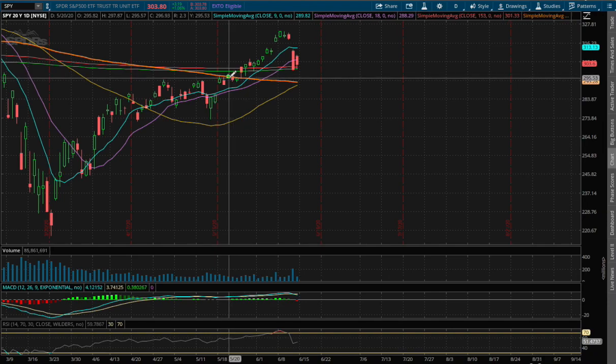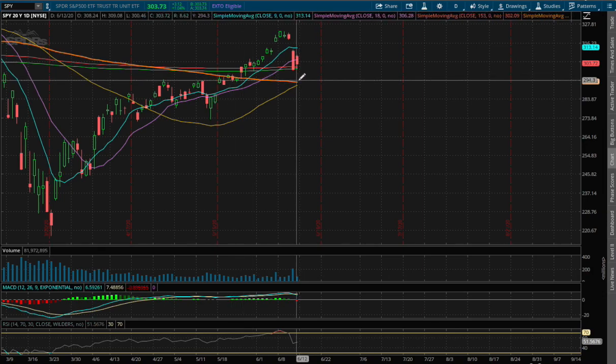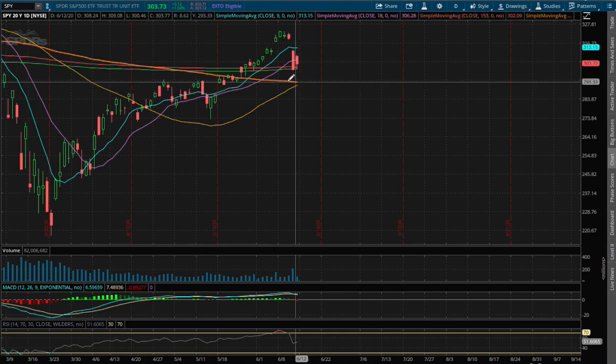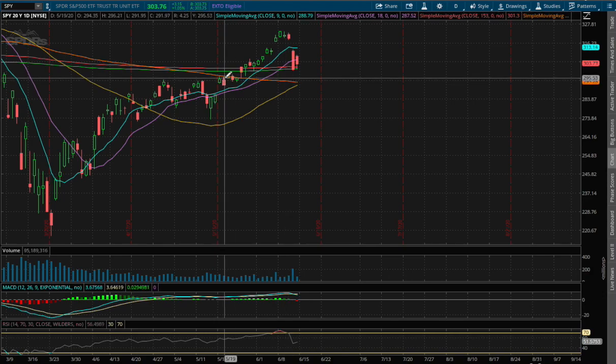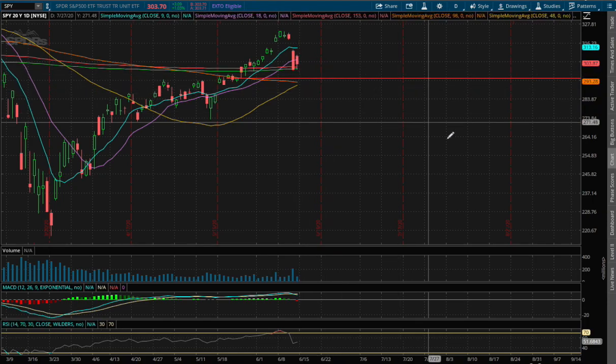We see that range as our previous resistance level that dated back to May 20th. That also coincides with the 50-day moving average as time approaches, and also the 100-day moving average, this orange line. So that will be our backup support level if we do break the 200-day moving average.